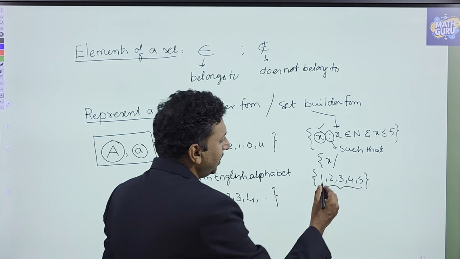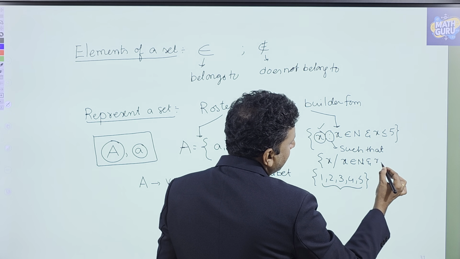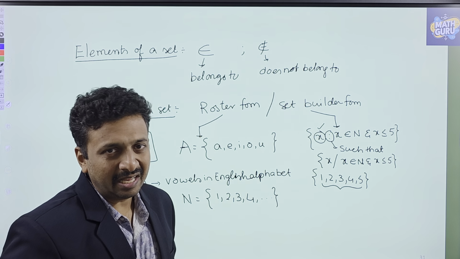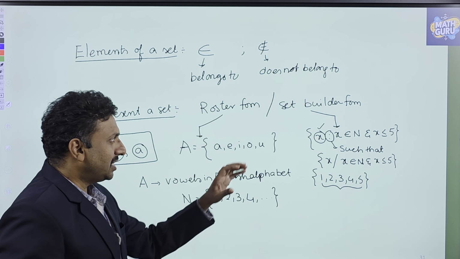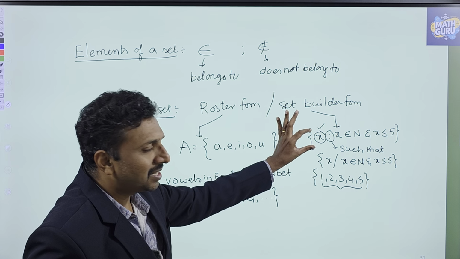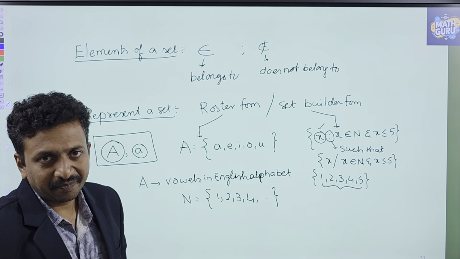So x such that x belongs to natural numbers and x is less than or equal to 5. Set builder form is also a very convenient way to represent sets. The general form is curly brackets, the element that is present in the set, and the condition that that element has to satisfy.